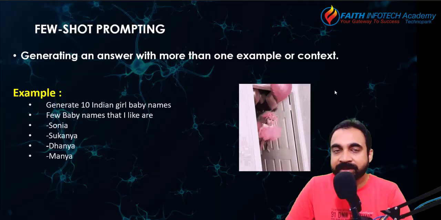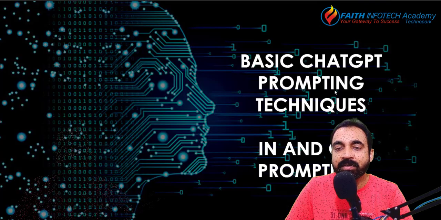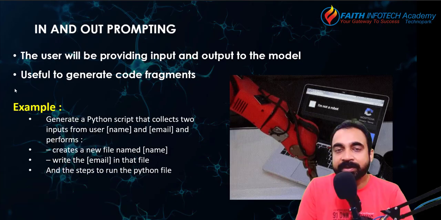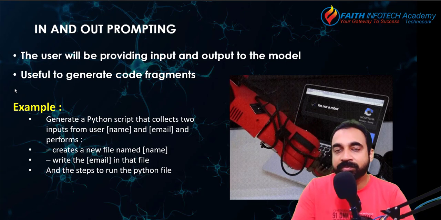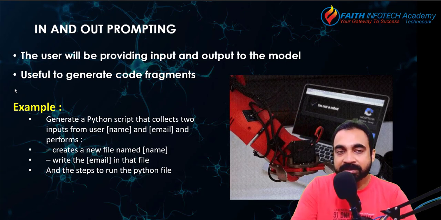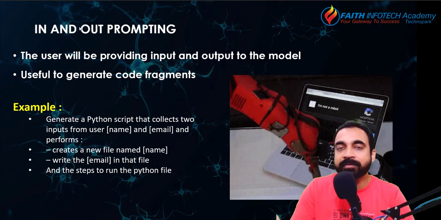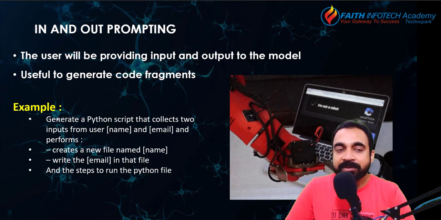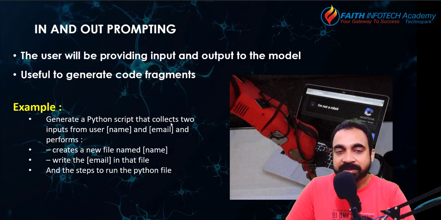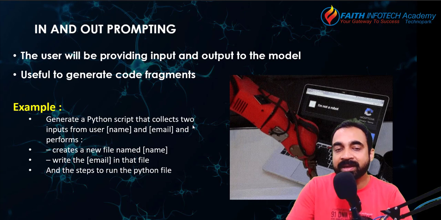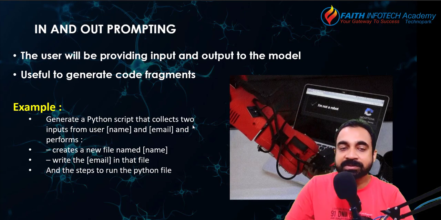Another kind of prompting technique is called input-output prompting. Here the user will be providing the input and also the output to the model, what the model has to generate. Input-output prompting is very useful for code fragment generation. We are trying to generate a Python script that collects 2 inputs from the user, the name and email, and performs the following things.